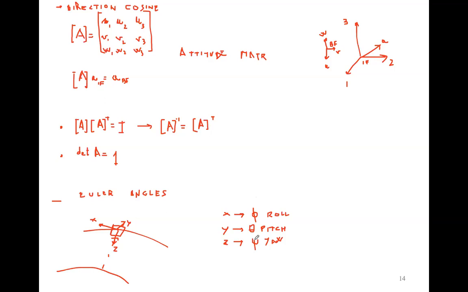So as you know, the rotation matrix expressed in terms of Euler angles is, for example, if you have a matrix A31, an attitude matrix that is a function of psi.